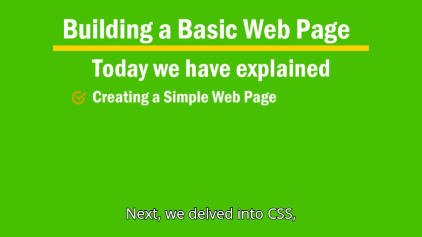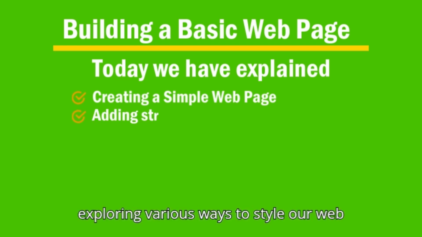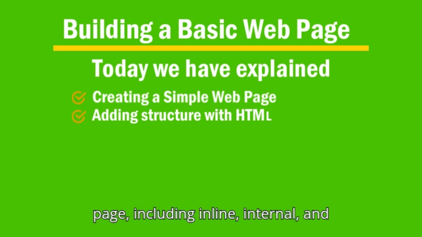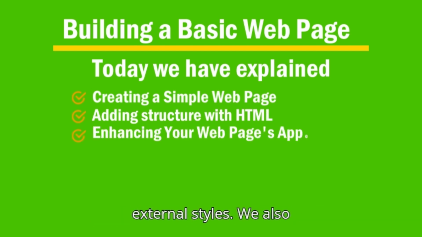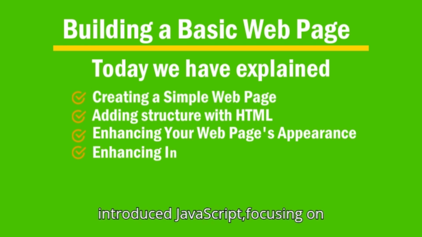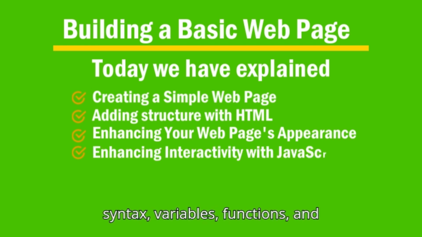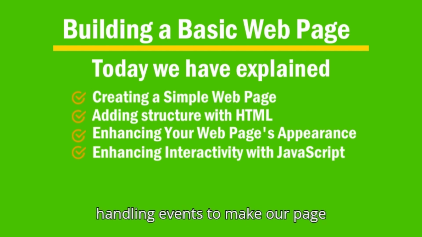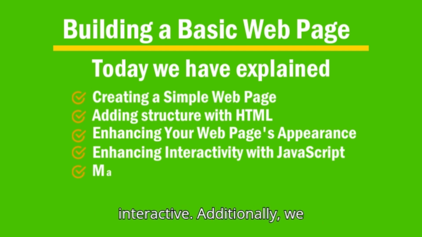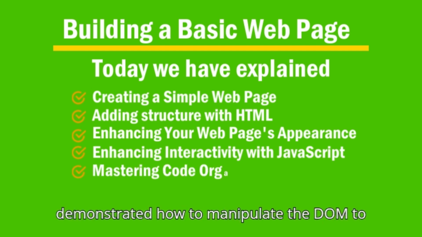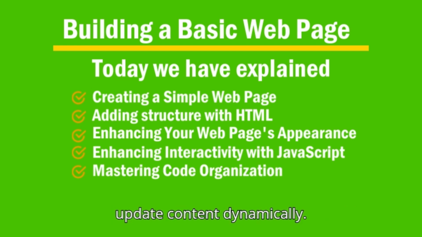Next, we delved into CSS, exploring various ways to style our web page, including inline, internal, and external styles. We also introduced JavaScript, focusing on syntax, variables, functions, and handling events to make our page interactive. Additionally, we demonstrated how to manipulate the DOM to update content dynamically.